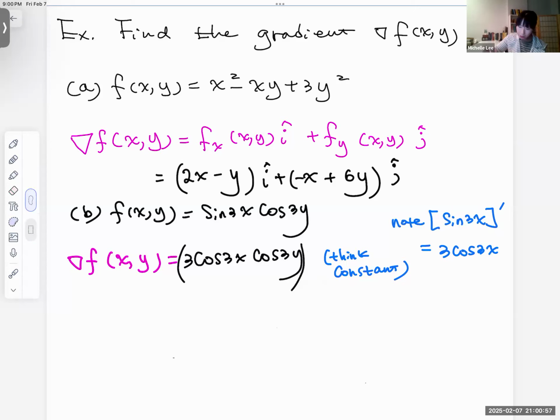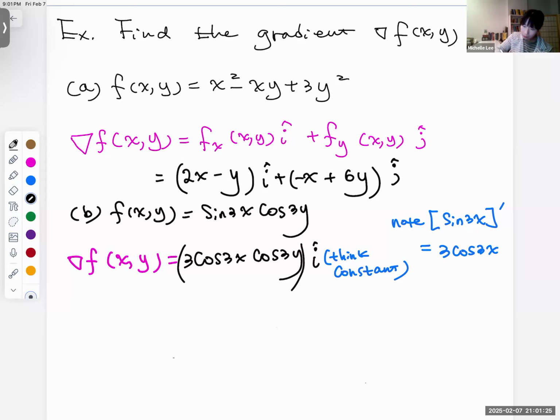Then partial derivative with respect to y. So that will be the derivative of cosine, which is negative, and then chain rule, so the derivative of 3y, which is 3, right? So we have negative 3, and sine 3x is constant, we keep that, right?